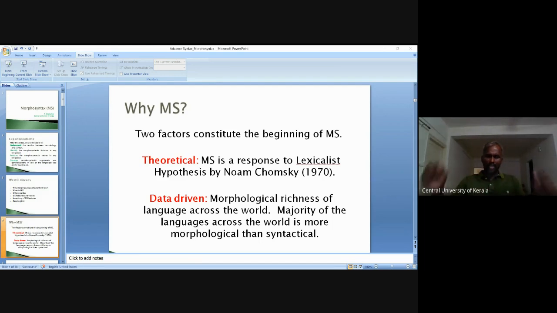The phrase node is generated, to which the words are selected, and it is spelled out. So the word is already inserted into the phrase. Phrase generates the sentence. Therefore, there is no space for morphology at all. And even if there is a space for morphology, it never interacts with the syntax. That was the lexicalist hypothesis.